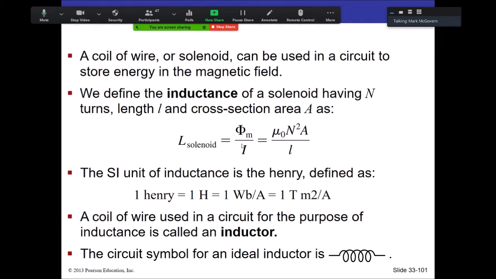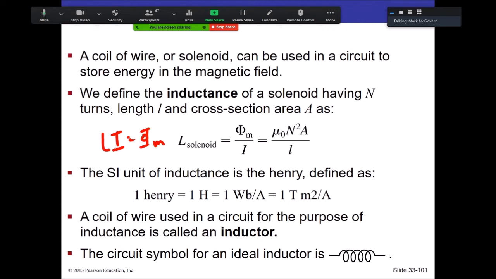So in this ratio here, we're going to take the time derivative of both sides of this. If I move the current over here, imagine we're looking at it like this. This is going to be L times I, and since we're interested in change, we're going to take the time derivative of both sides here.